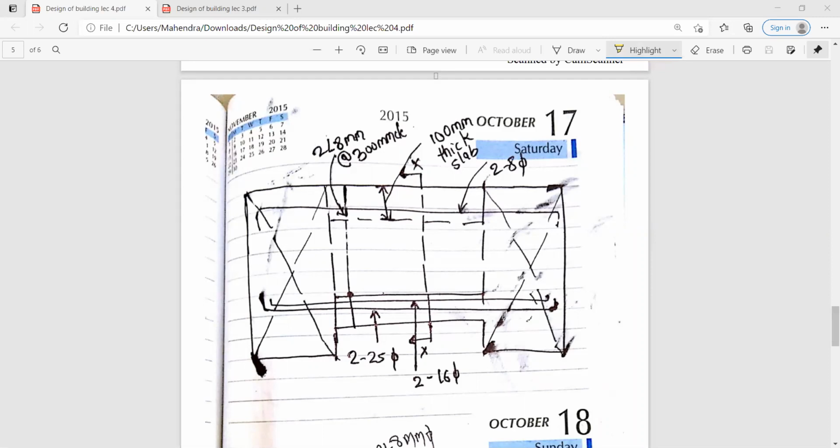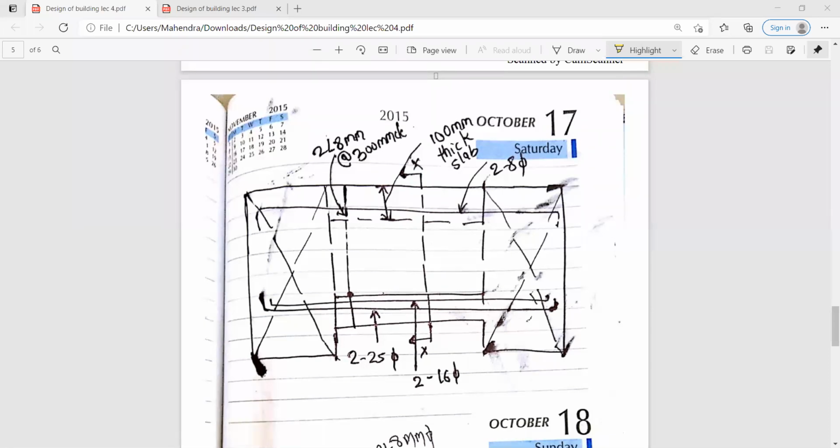Mostly beams and slabs are there. Columns are rarely asked in this, up till now. Mostly the beams and the slab are asked in your university exams. They are not asking you the column design.